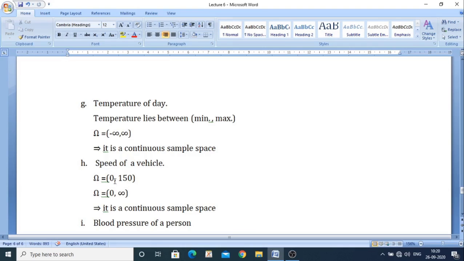In the starting it is 0, or sometimes you may get a traffic jam, a signal, or some roads are not good. At that time your speed might be less.